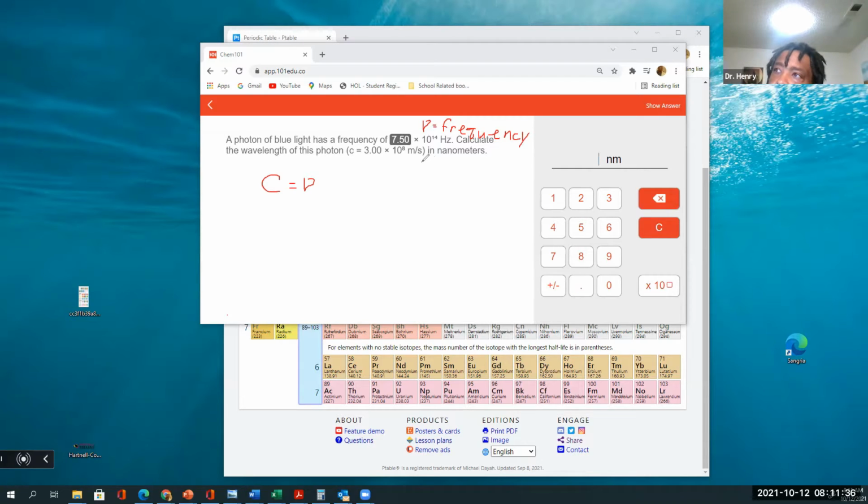And we have lambda. Lambda equals the wavelength. And we kind of touched on this a little bit when we were talking about proportionality, when one is directly proportional versus something that is indirectly proportional.